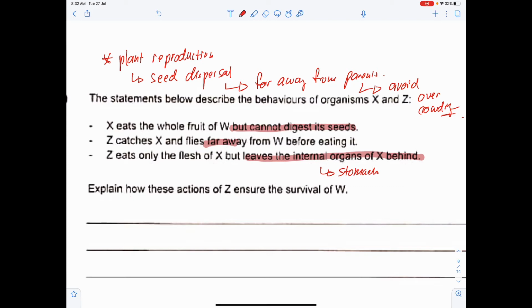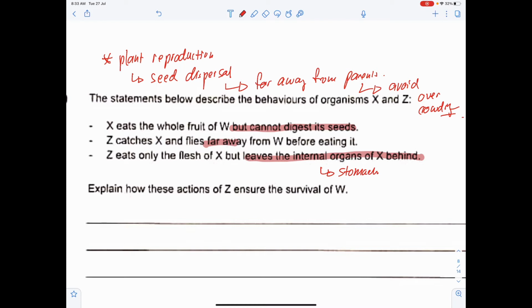This one has 2 ways of answering it. If you want to answer it the food web way, you can say that when it decomposes, it provides nutrients or fertilizers for the plant to grow, because the seed is inside the stomach. That's one. The second way is to answer it from the point of view of plant reproduction. Seeds need to germinate.